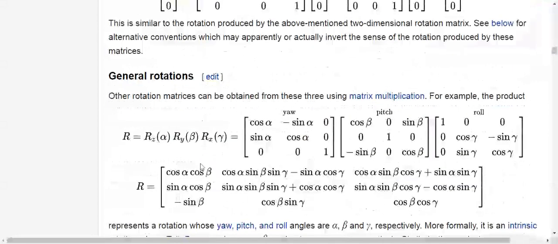For each rotation, we write down their independent rotation matrices. I believe you are also familiar with the concept of yaw, pitch, roll. Yaw is basically rotation about the z-axis, pitch is rotation about the y-axis, or you can say up and down, and roll is left and right.